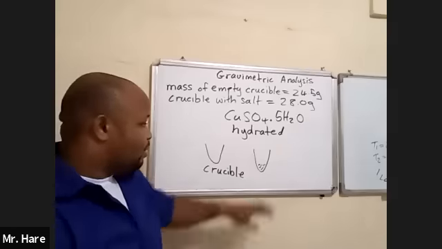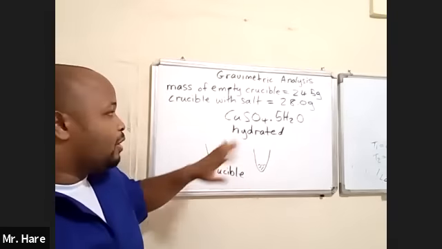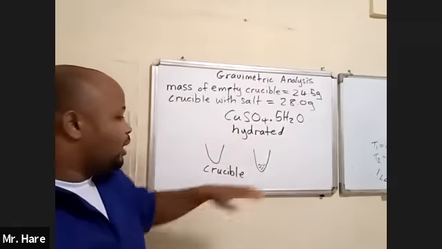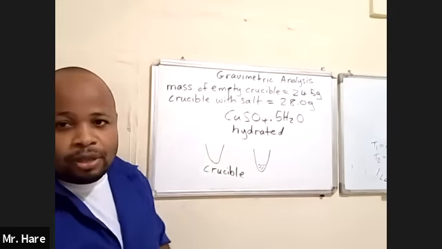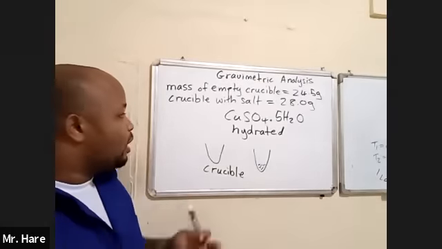And then after you do the weighing, you are going to heat this sample. You can do it over a Bunsen burner or in the oven, but you will heat the sample until all of the water has been evaporated.